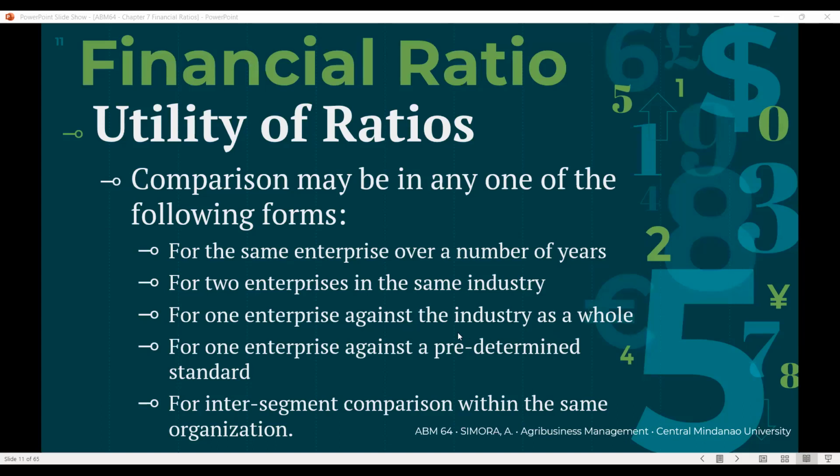Nakakolek ka og data based on your RRL or review of related literature. So sa imong RRL, nakakolek kag data nga, okay, broiler production in the Philippines industry has this average ROI of 40%.